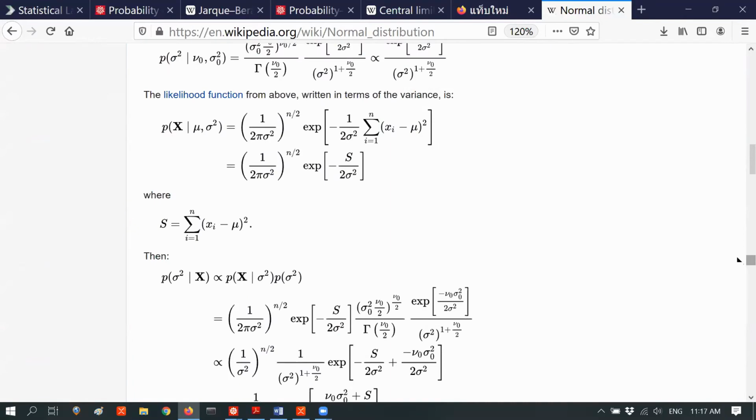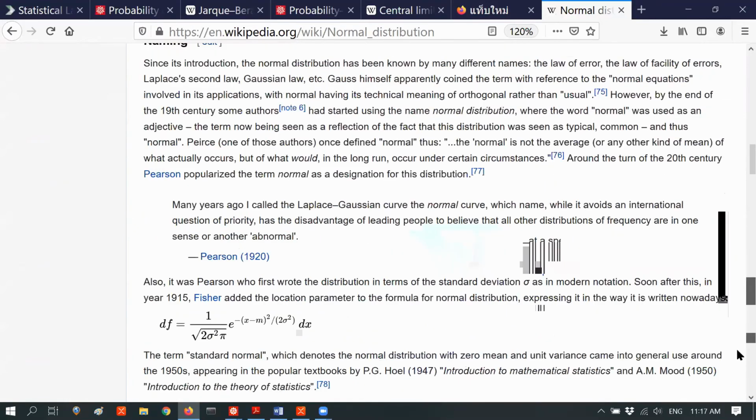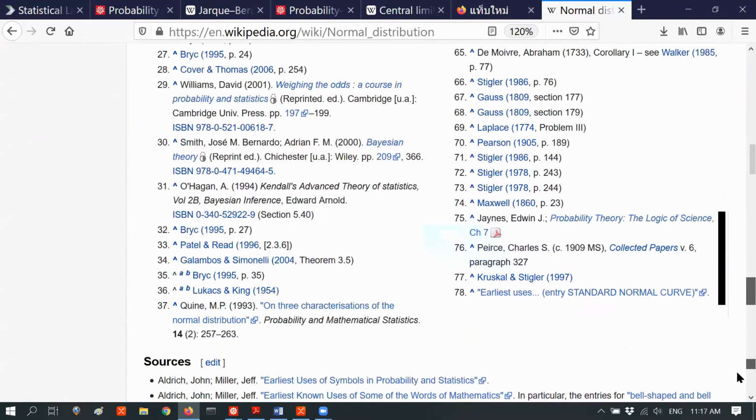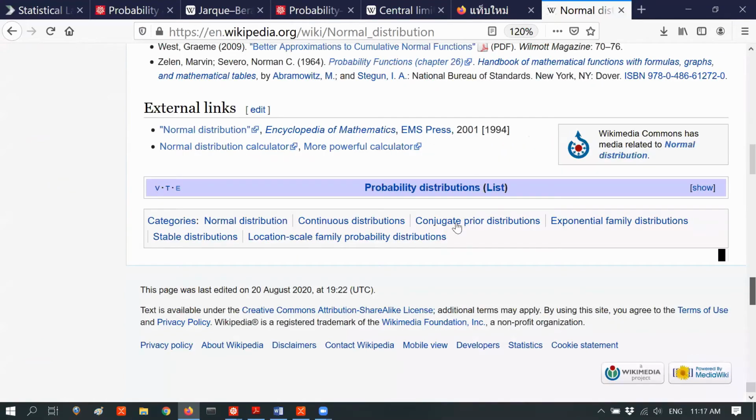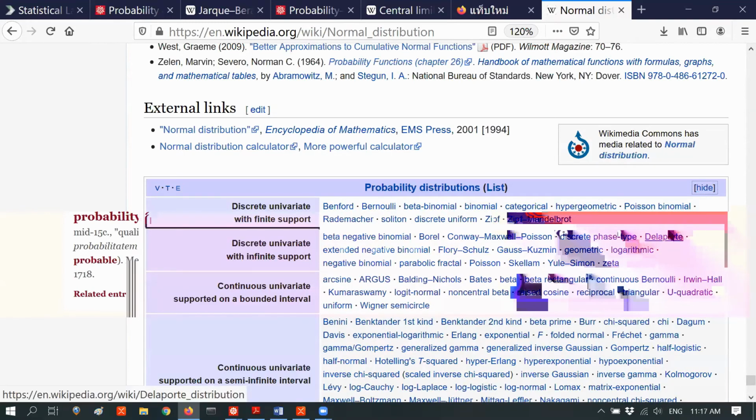It's very long because it's very important. Okay. But if you go to the bottom, there'll be a little menu section called probability distribution list. Right? That's it. This is what I mean by the bag of tricks that you take to the work site.